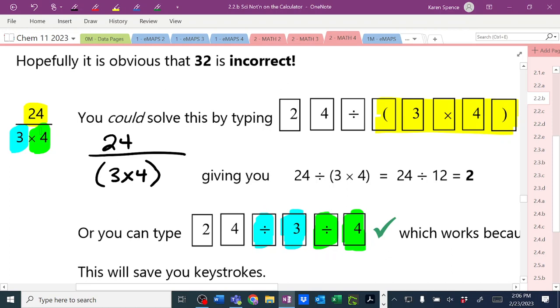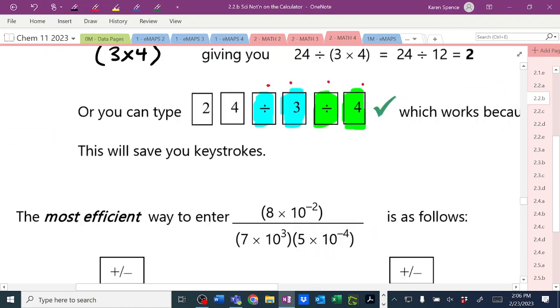Your calculator will be happy with that. Yes? Yep. So I don't care which one you use, whatever makes you happy. I'm always like, this one is 1, 2, 3, 4, 5 keystrokes. This one is 1, 2, 3, 4. That's the one I'd choose, but totally up to you.